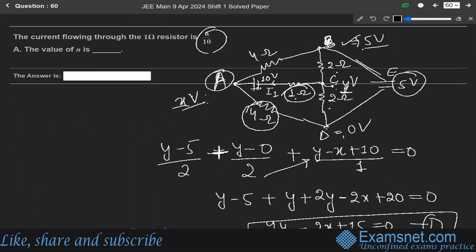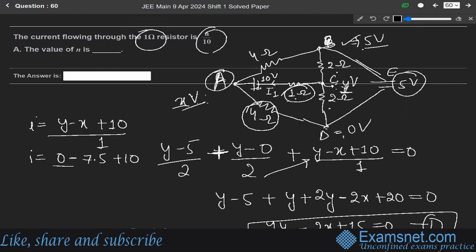So the current in this circuit, I, will be equal to Y minus X plus 10 over 1, because we have to find it through the 1 ohm resistor. So I will be equal to 0 minus 15 by 2, meaning 7.5, plus 10 over 1. So I will be equal to 2.5 ampere.